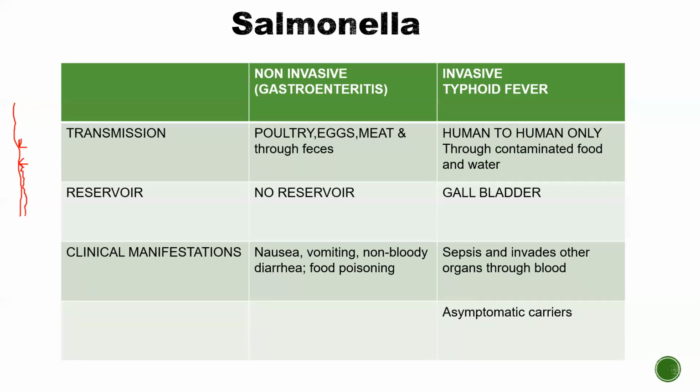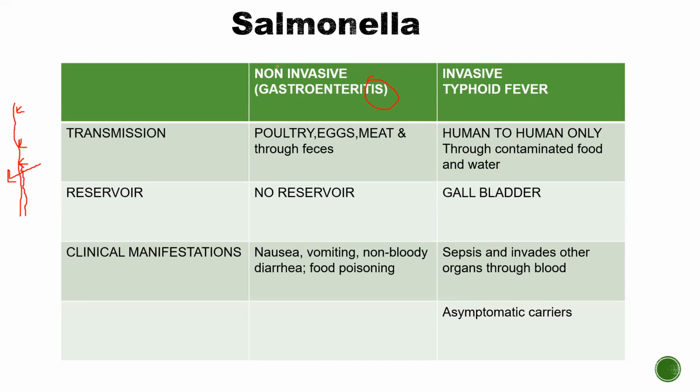So it causes inflammation of the enterocytes, which are the cells found in the intestinal wall. So it causes inflammation here because it's just infecting the surface. Inflammation is itis, so gastroenteritis. Invasive means it can actually penetrate and reach the blood and go to different organs because of the blood flowing.